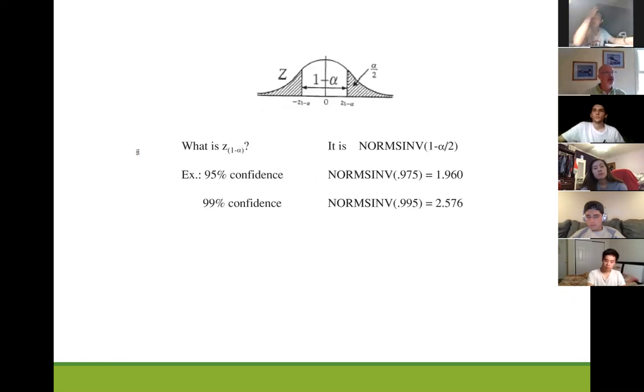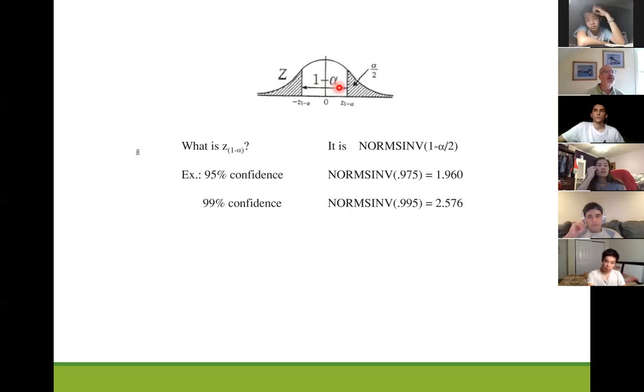Here is our normal distribution. Notice that what we have in the tails is what is shaded. Normally it was the middle part that was shaded. 1 minus alpha is your confidence level.